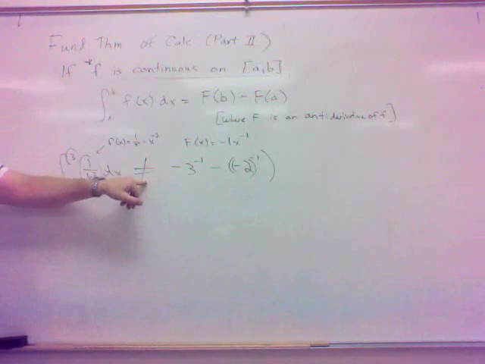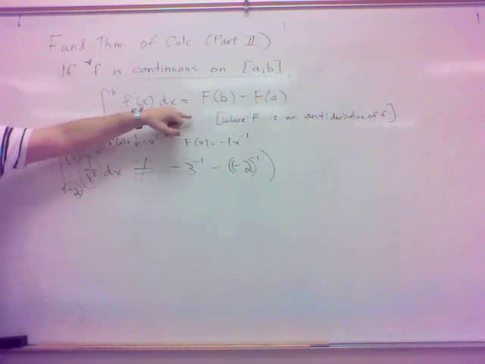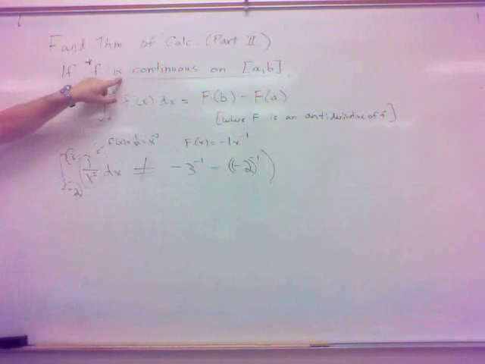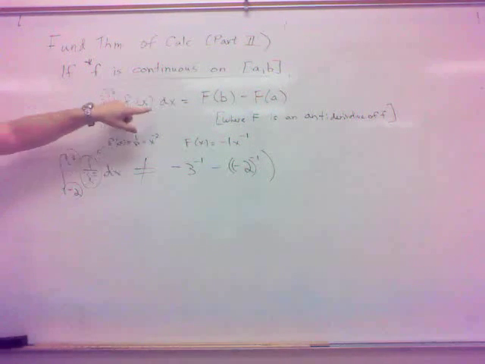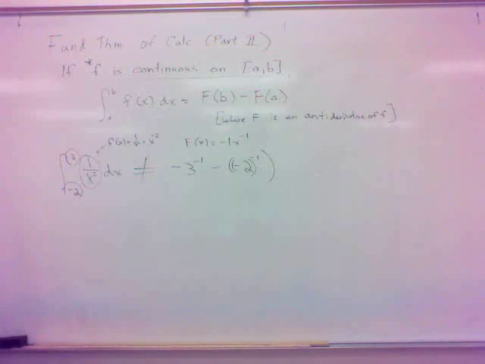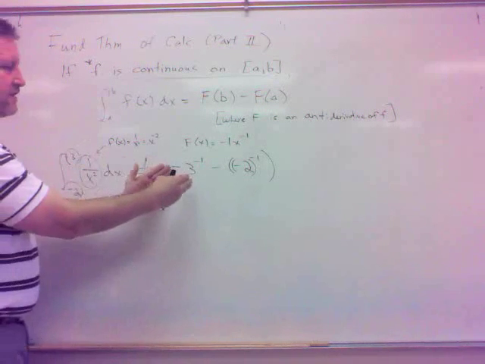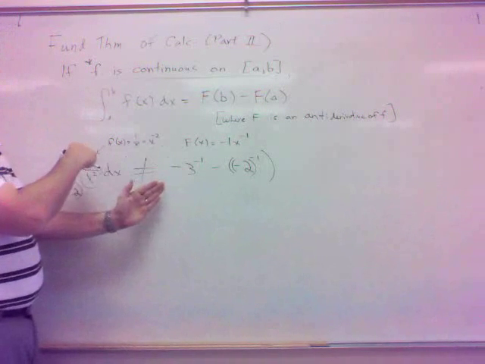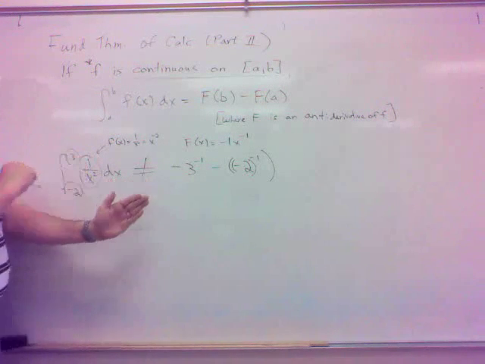That's why this antiderivative stuff doesn't work, because that's a big if. If's a big word. So if the if part doesn't work, then neither does the then part, right? It doesn't follow. So you've got to have continuous. So, I mean, that'll give you a number, but it won't give you this integral here.